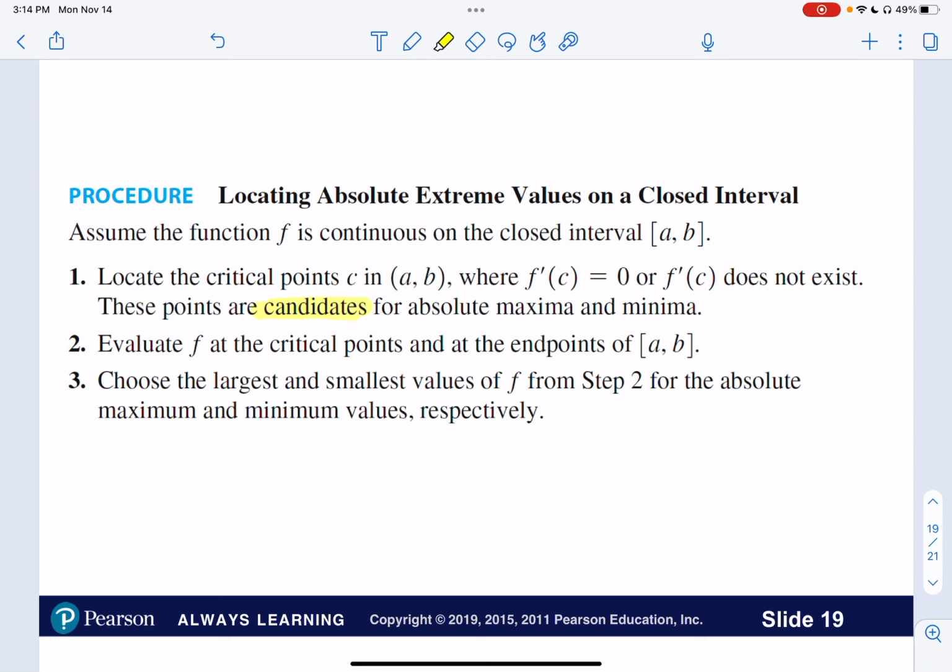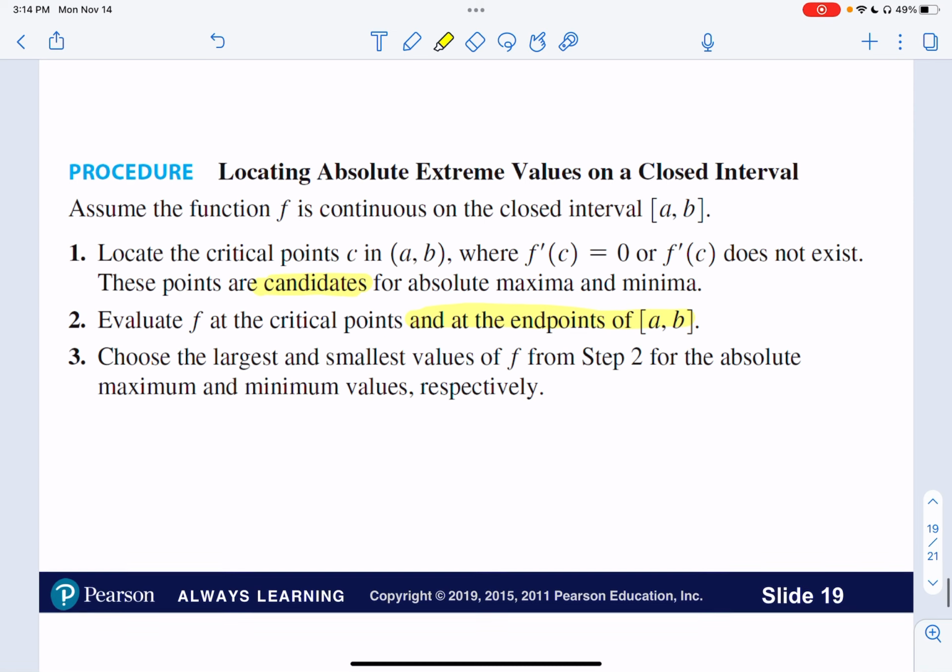Evaluate f at the critical points and at the endpoints a and b. Don't forget this step. It's really easy to spend all your time in the middle of the interval and then forget to look at the endpoints. Okay. Choose the largest and smallest values of f from step 2 for the absolute maximum and minimum values respectively.